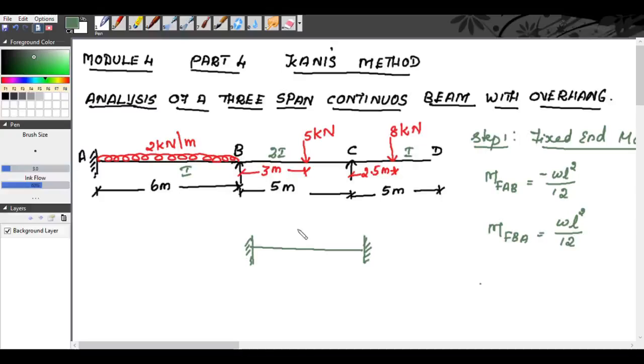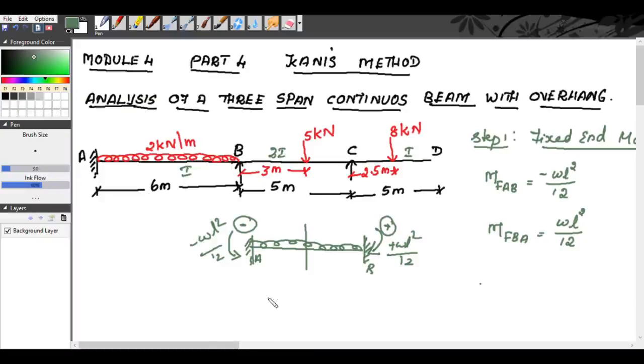And when you are taking the bending moment about a section, the left anti-clockwise becomes negative and the right clockwise becomes positive. So since it is UDL, the formula is minus WL square by 12 and at the right end it is plus WL square by 12.